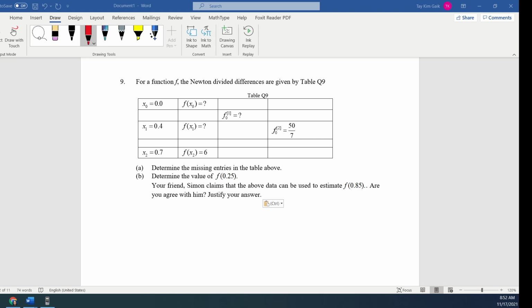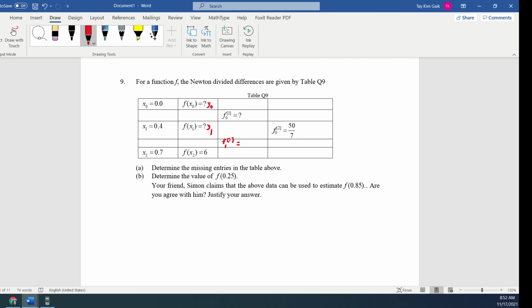Because you're given these data points, you can calculate f naught for the first Newton divided difference. Given the last 2 data points, you can calculate f1 at first level. The first level will be 6 minus this unknown, let's denote it y naught, y1.